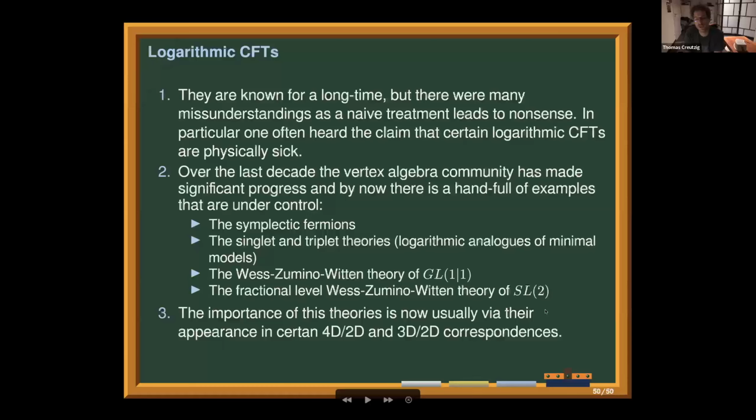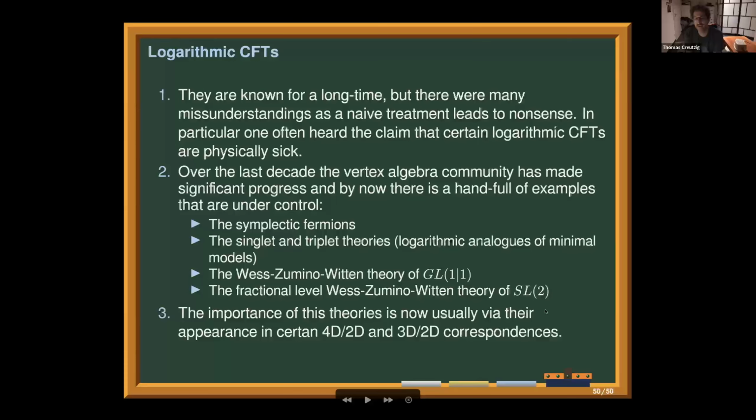And over the last decade, there has been a lot of active research on this, in particular from the vertex algebra community. And it's definitely fair to say that they are not sick. One just has to carefully know what the difference is to the rational ones. Nonetheless, there are only a small number of understood theories. The best understood one is the one that I sketched, the symplectic fermions.